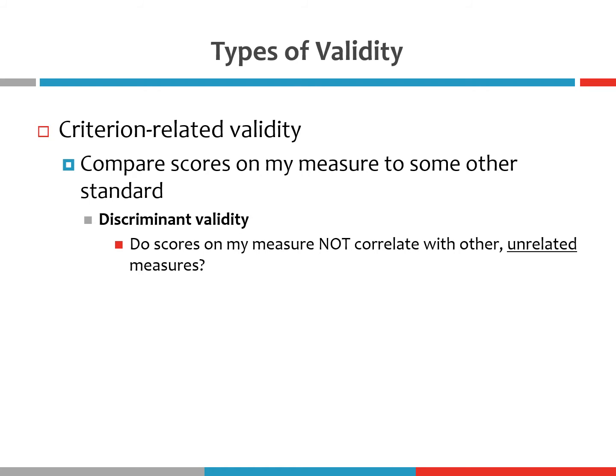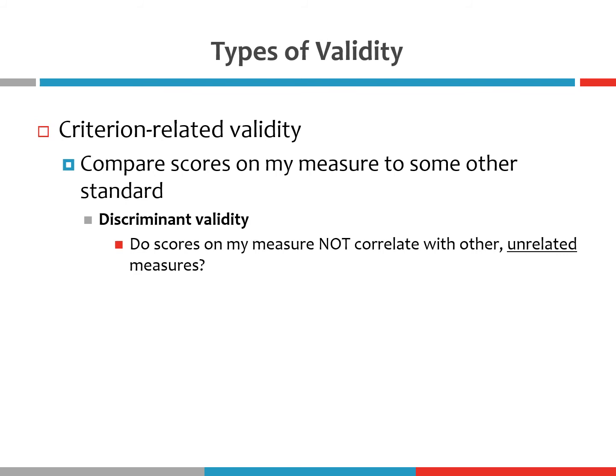Okay. And next, another form of criterion-related validity is discriminant validity, right? So what does discriminant validity mean? Well, it looks at whether scores on our new measurement instrument do not correlate with other unrelated measures.